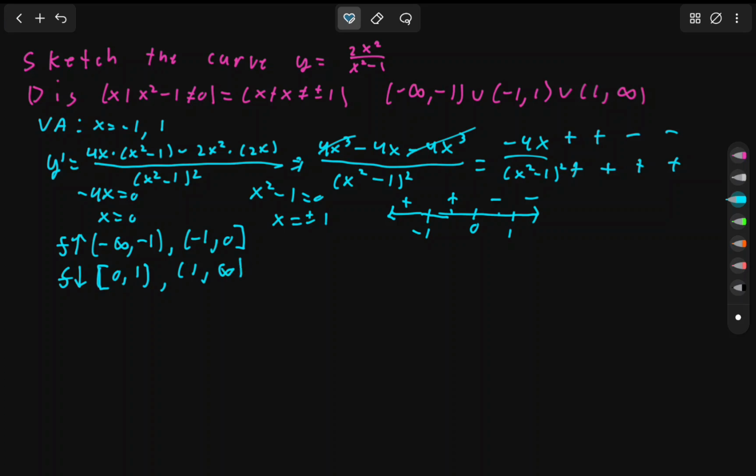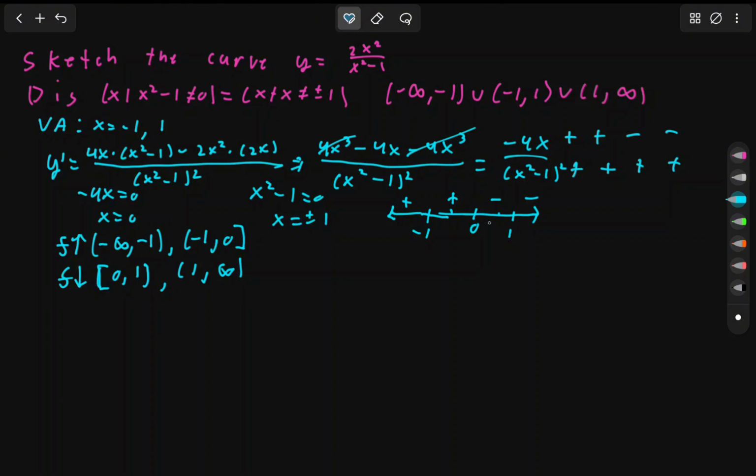Alright. Now let's look at relative mins and maxes. Whenever looking at mins and maxes, we want to look where the f prime sign swaps.